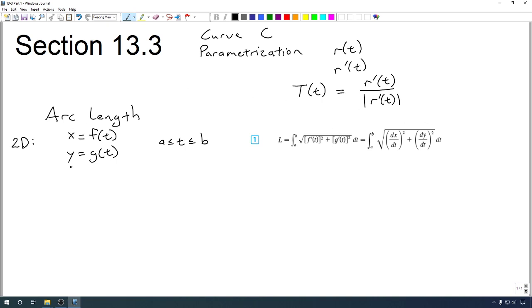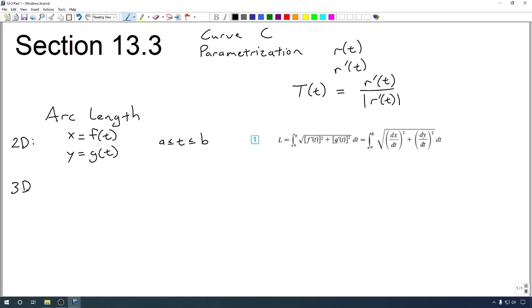So we take the derivatives of each of these functions, we square those, and then we add them together and take the square root. All we've really done here is look at the distance formula, based off the Pythagorean theorem, and then we use derivatives and integrals in order to actually sum those up correctly.